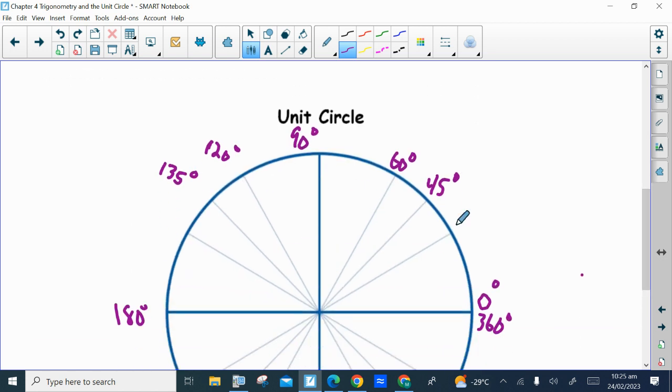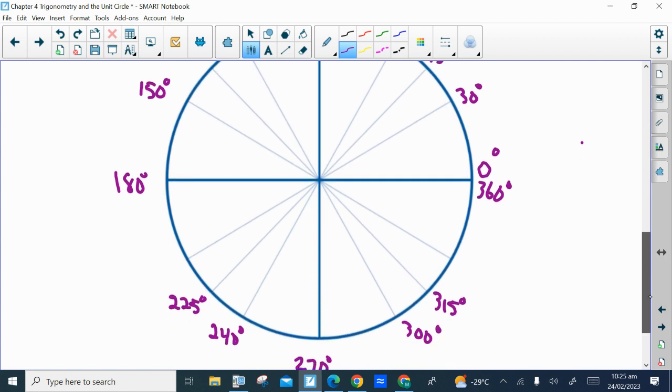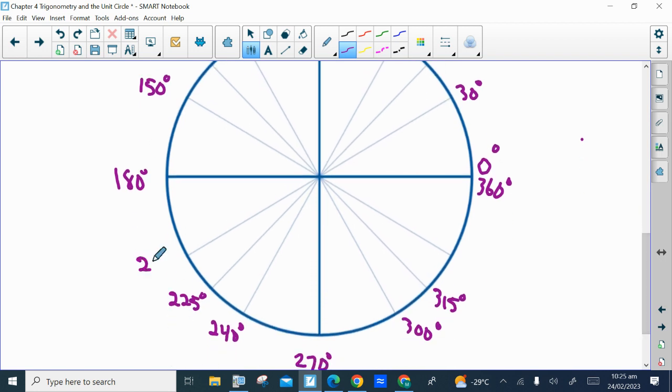So if we go around the circle in terms of 30 degrees, the first stop will be 30 degrees. Another 30 takes us to 60, which we already have. Another 30 takes us to 90, which we already have. Another 30 takes us to 120, which we already have. But another 30 will take us to 150, which is between 135 and 180. Another 30 takes us to 180, which we already have. Another 30 takes us to 210, which is between 180 and 225.